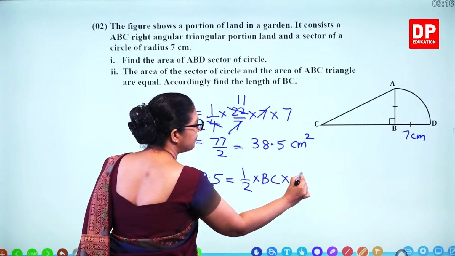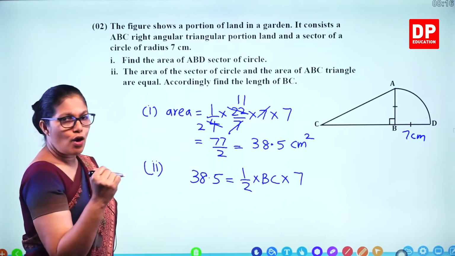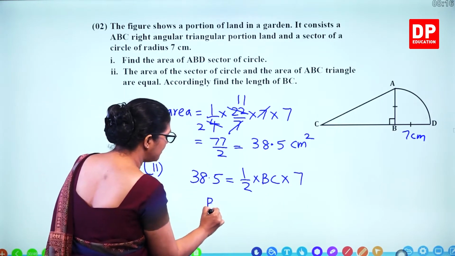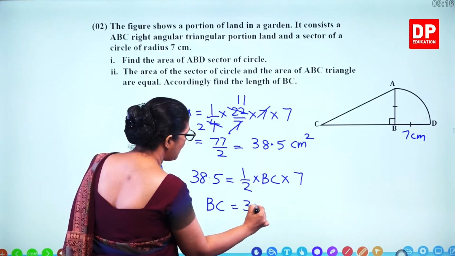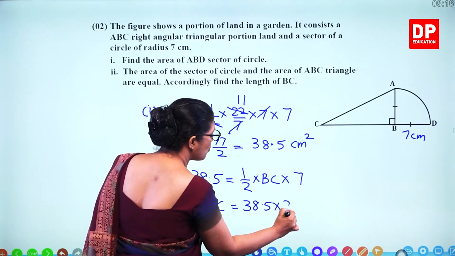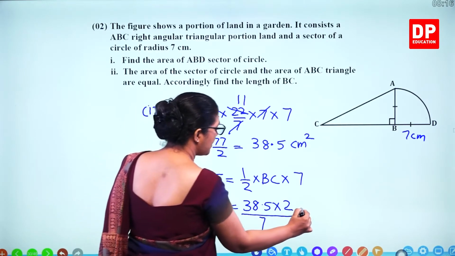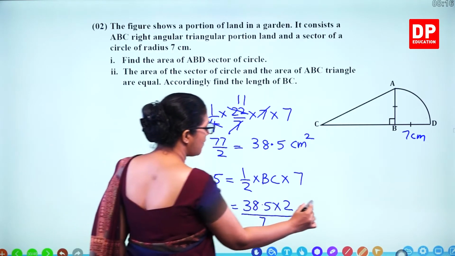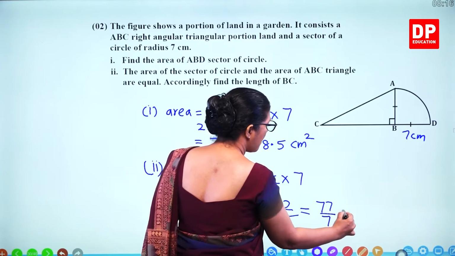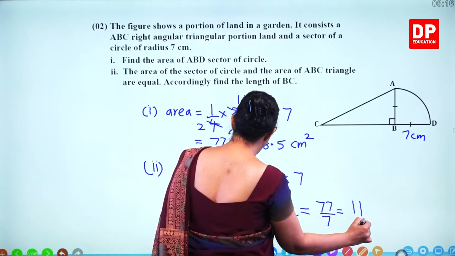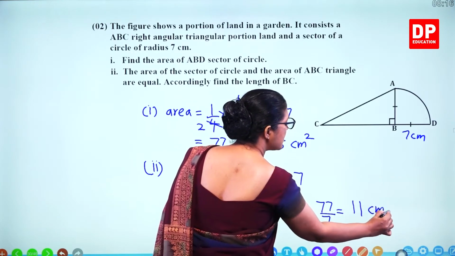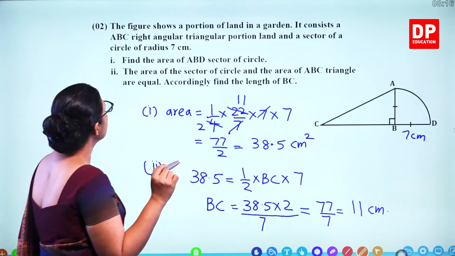So that's 7. So we can easily find out BC. So what is BC? 38.5 multiplied by 2 and divide by 7. So this is 77 divided by 7 becomes 11 centimeters is the BC length.